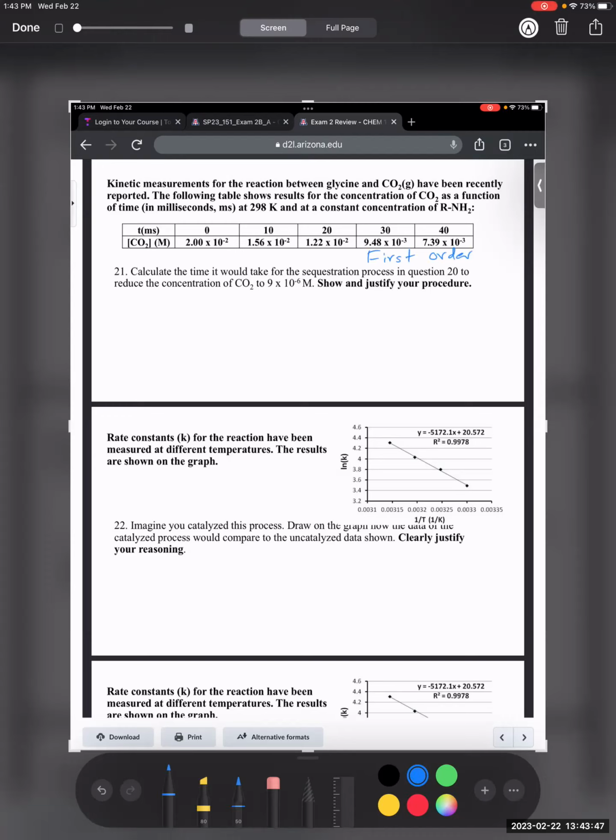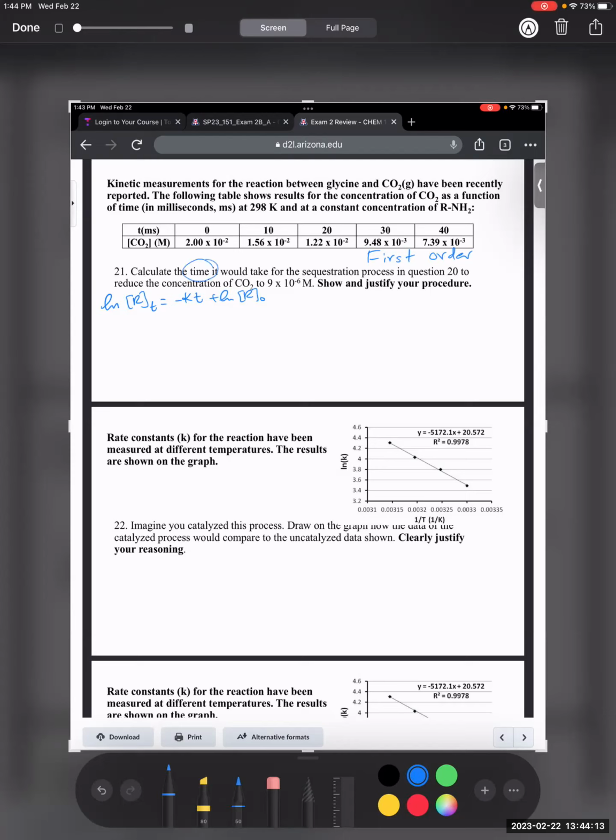For a first-order reaction, we know natural log of the concentration at time t is equal to minus kt plus natural log of the initial concentration. And the question is, calculate the time it would take.